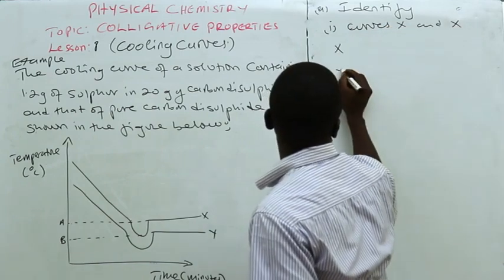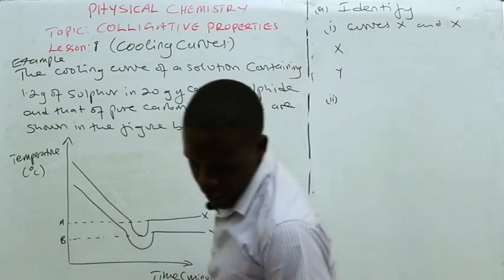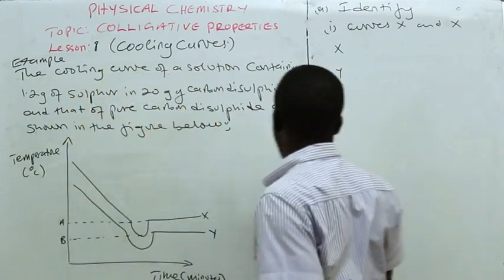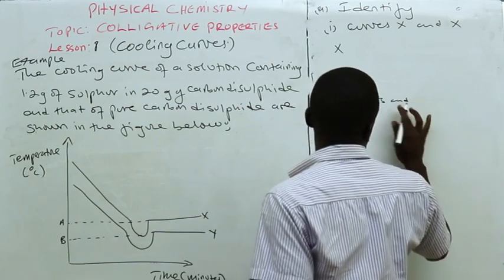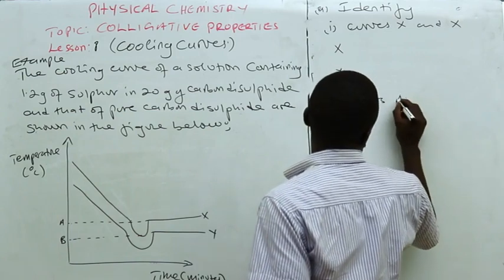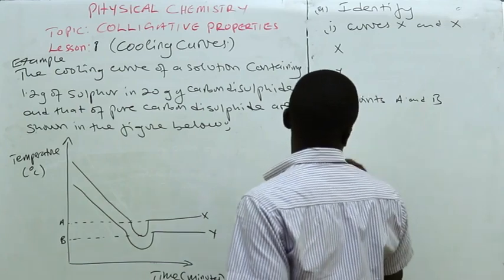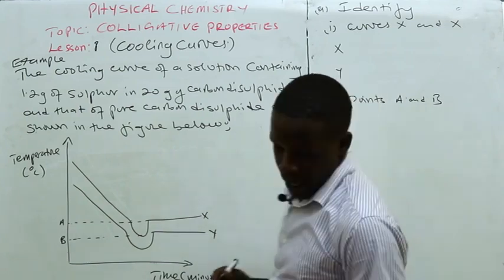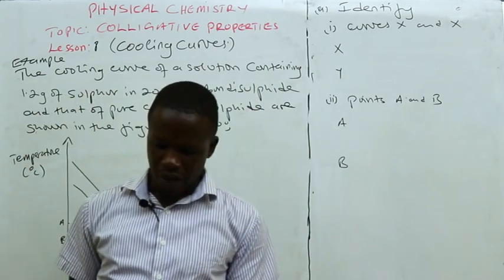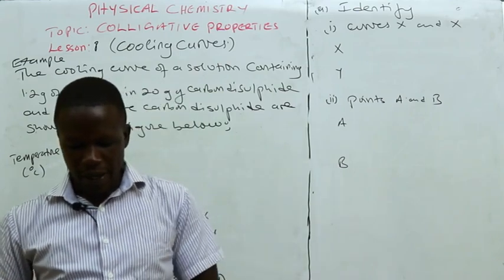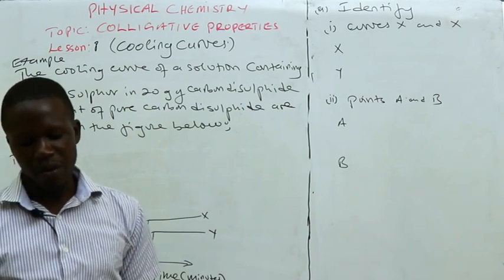So we could answer this: what is curve X and Y? Roman 2, they are telling us to identify points A and B. And then they're telling us to calculate the relative molecular mass of sulfur in carbon disulfide, and they have given us the freezing point depression of carbon disulfide.